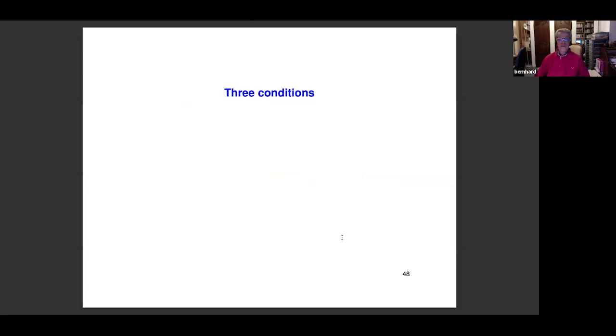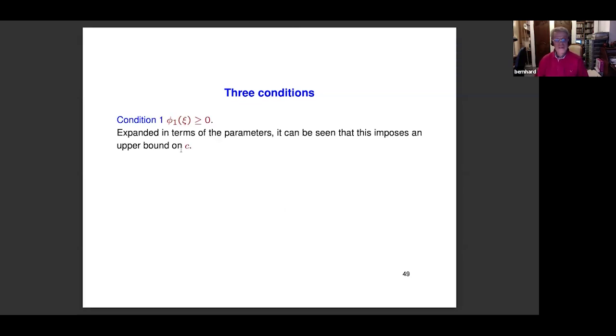Now I have to impose 3 conditions on the parameters of the problem. The first one is phi 1 of psi positive. So I remind you that k1 is the positive solution of the algebraic Riccati equation, and phi 1 is decreasing because in phi 1 you have a minus k1 x.